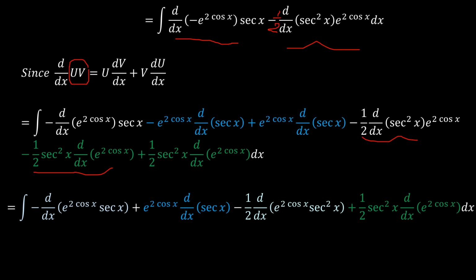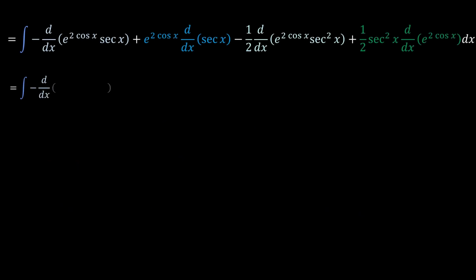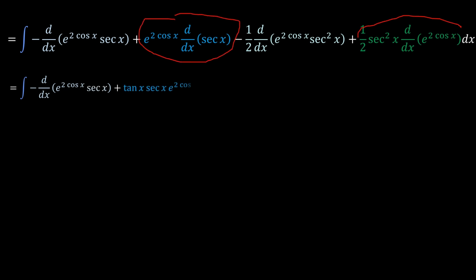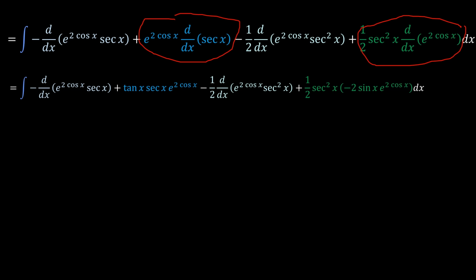So let's continue. What happens next is that we're going to show that this here is going to cancel out with this, and how we do that is we go ahead and expand the differentiation of sec x. So the derivative of sec x is tan x sec x, and then when we differentiate e to the power 2 cosine x, this is the same as negative 2 sine x e to the power cosine x.